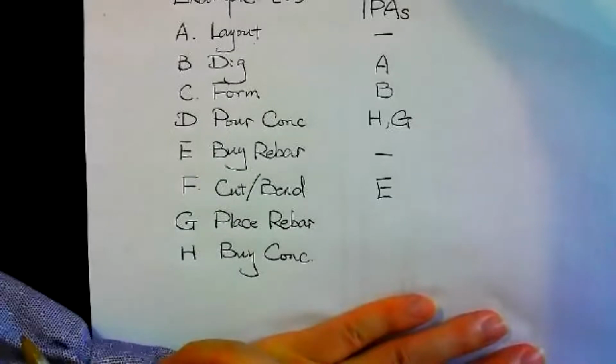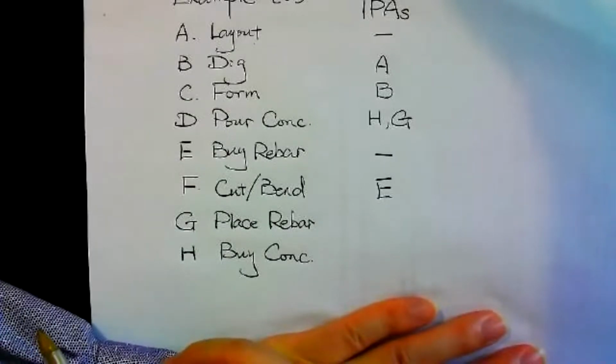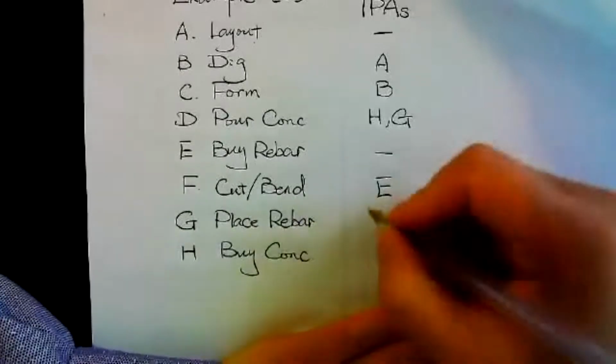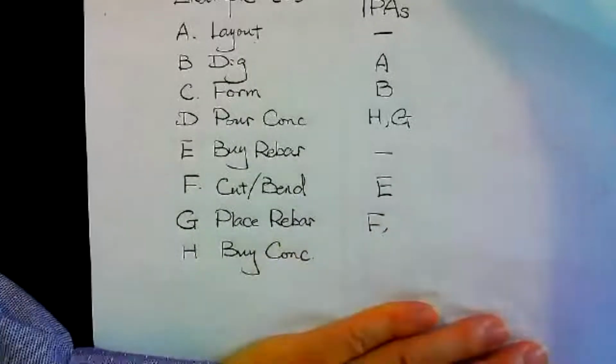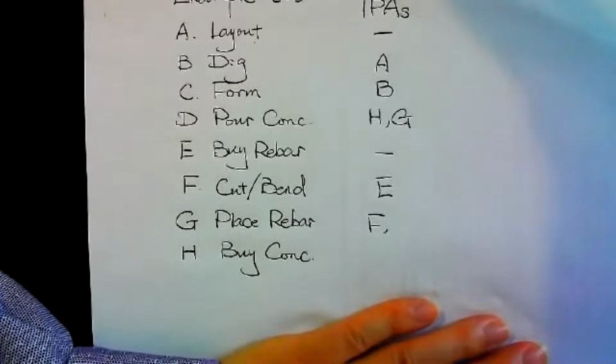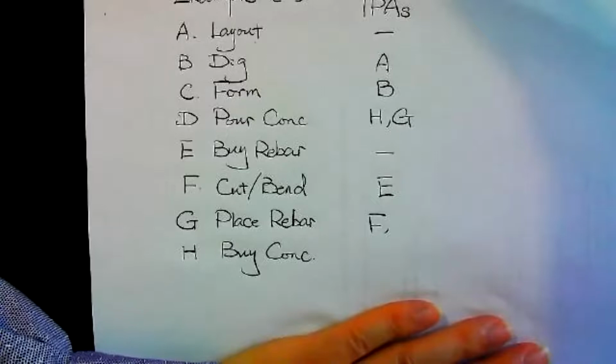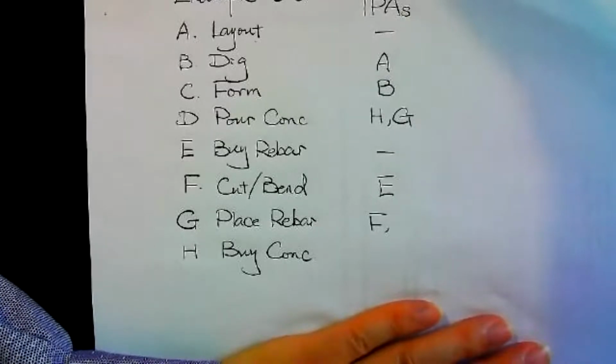Immediate. What does immediate mean? F, very good. We have F. My question is, is there any other? In addition to F, for sure, I need to get the cut and bent rebar before I can place them.